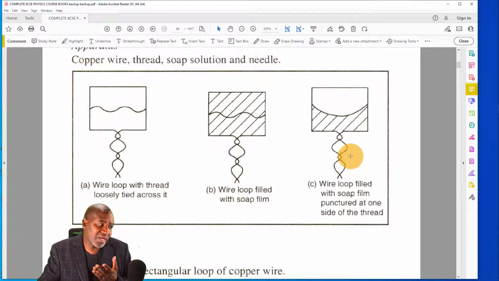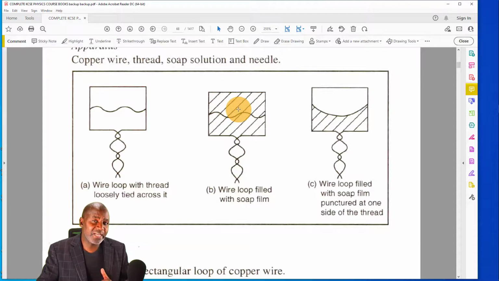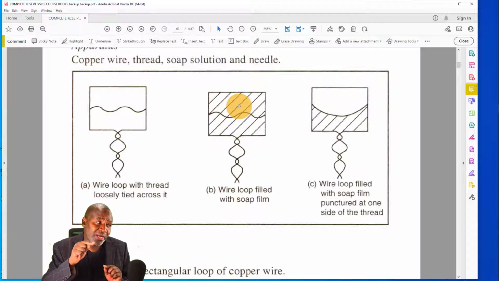And there is also another one about a loop of wire. You could get a loop of wire like this, put a string at the center, which is loose enough, and then dip the whole of that in soap water, and then lift it out. And then you can even use your finger to touch this point here. When you touch this point, you're going to break the surface.